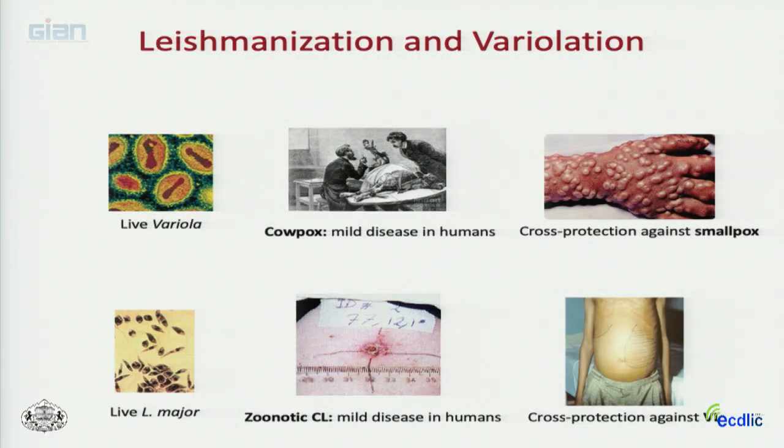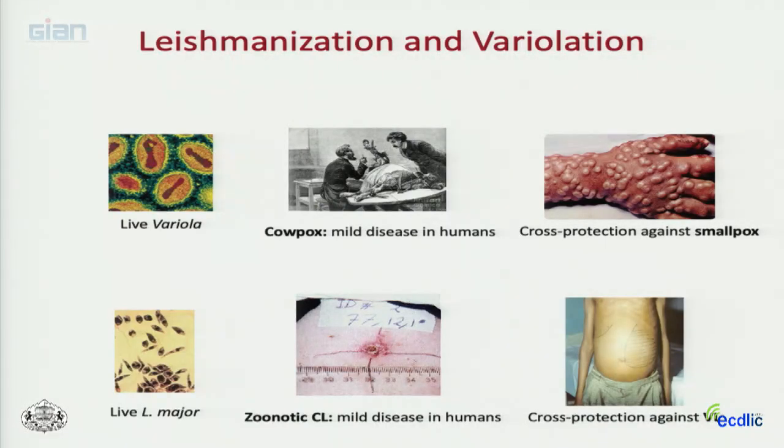So L major is primarily a disease of rodents. It produces fairly mild disease in humans, and it cross-protects against anthroponotic, these human strains that produce a killing disease. So in my mind, there's similarities.